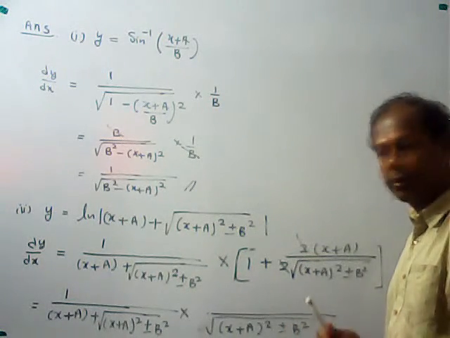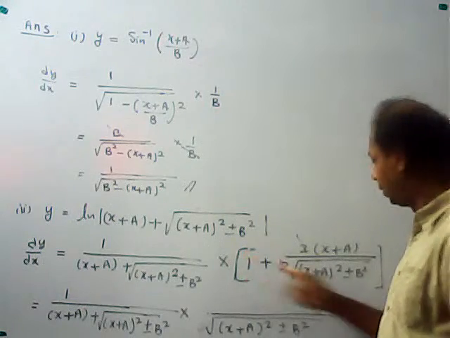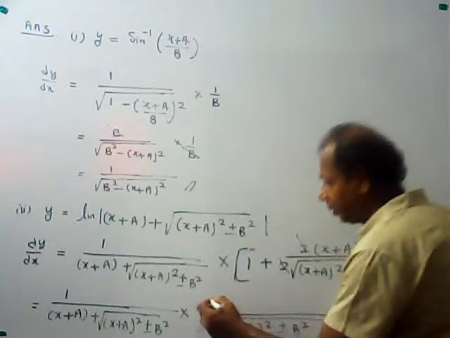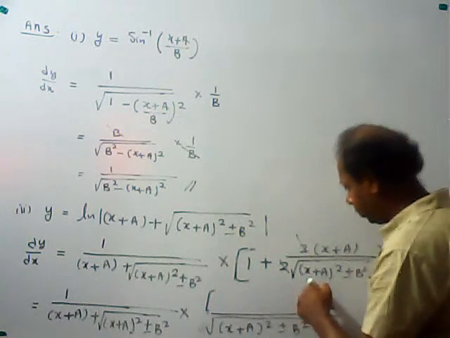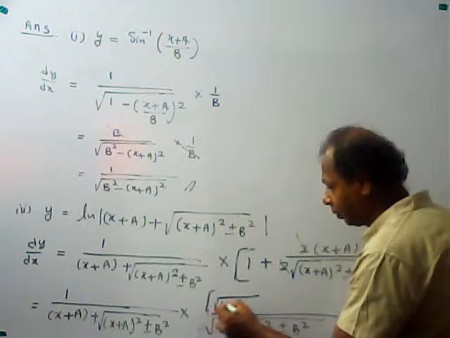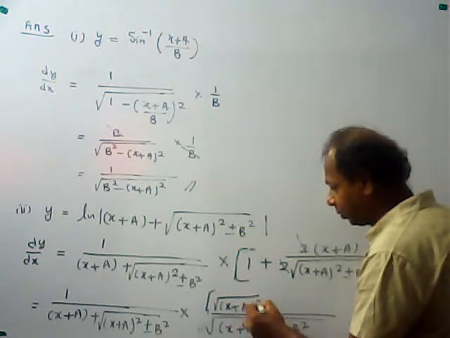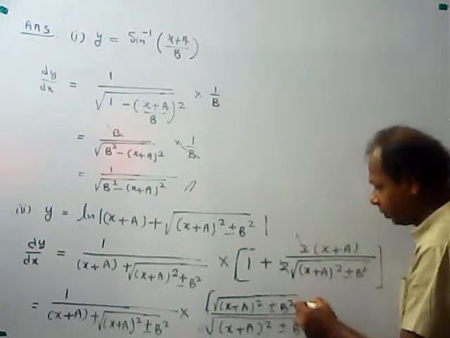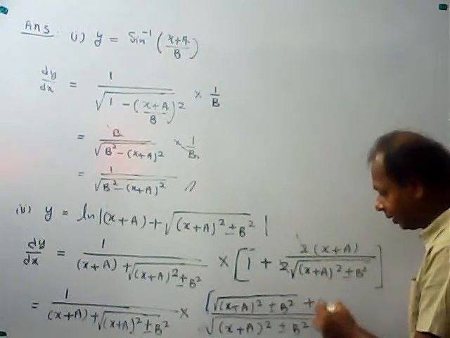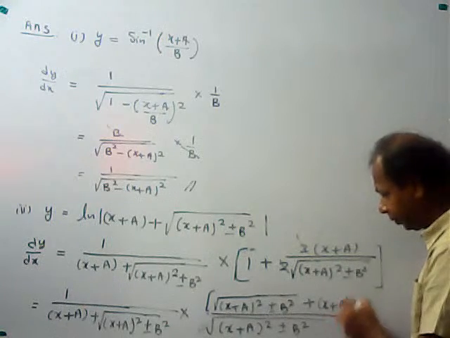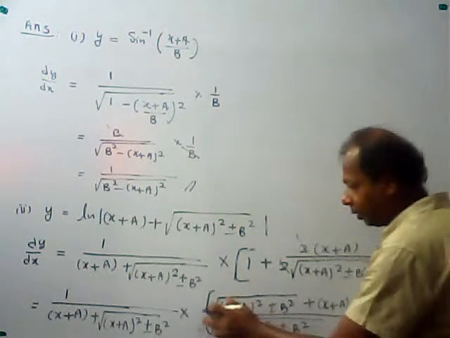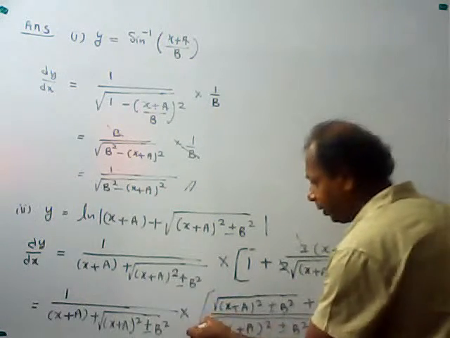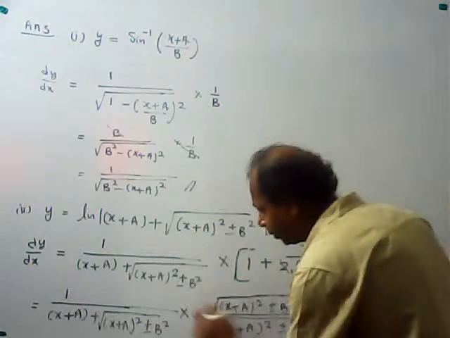So when you take the common denominator here, this part will appear here. 1 will be multiplied by this denominator. So it's square root of x plus a squared plus or minus b squared plus, further you have x plus a, and this is what you get simplifying this part.